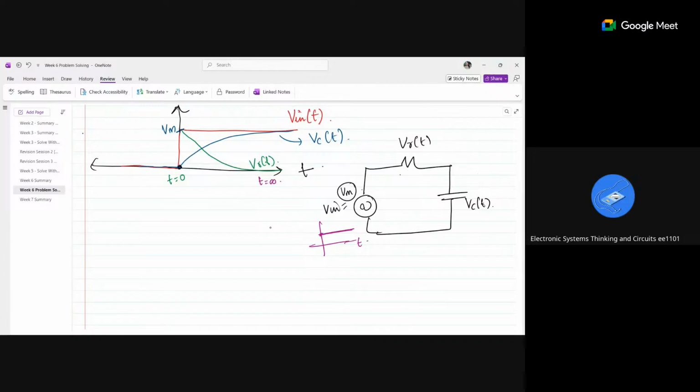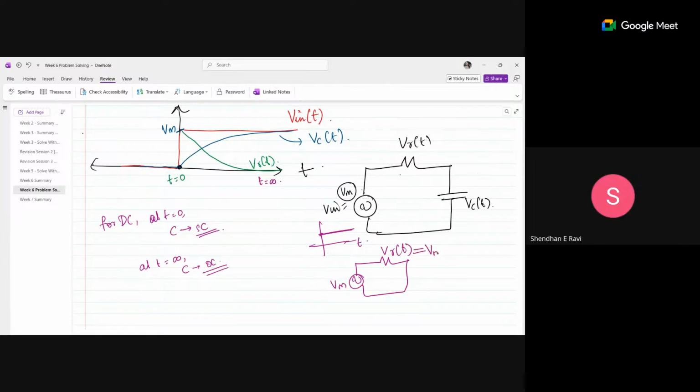So initially, for DC at time t equal to 0, the capacitor will act as a short circuit. And at time t equal to infinity, the capacitor will act as an open circuit, right? At time t equal to 0, when the capacitor is a short circuit, what will be the voltage across the resistor?